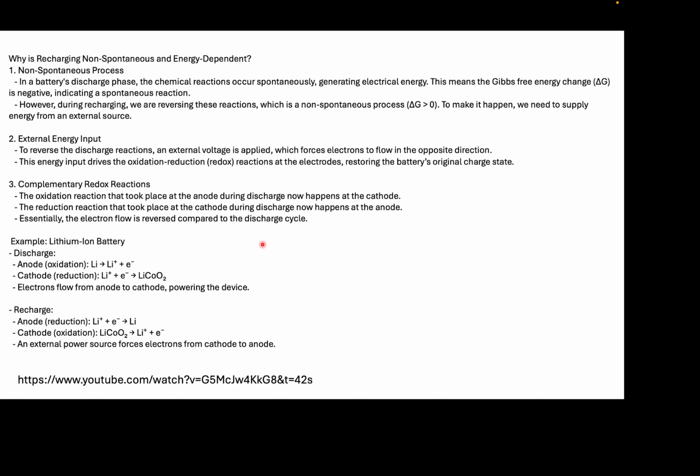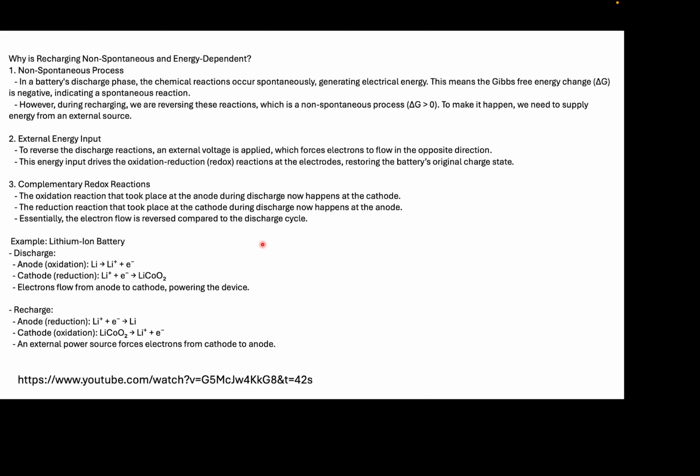Now, a battery is there, we use it daily, we also recharge it, right? So why is recharging non-spontaneous and an energy dependent process? First of all, what is a non-spontaneous process? In a battery's discharge phase, the chemical reactions occur spontaneously, as we have seen till now. At the anode, the oxidation will occur, at the cathode, the reduction will occur, and this is a spontaneous reaction.